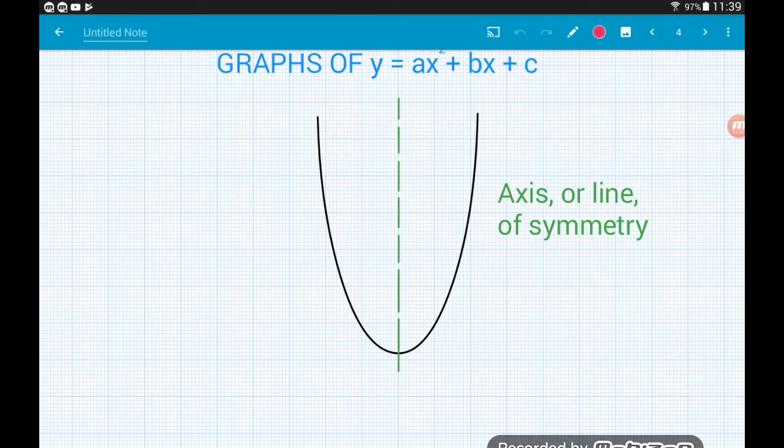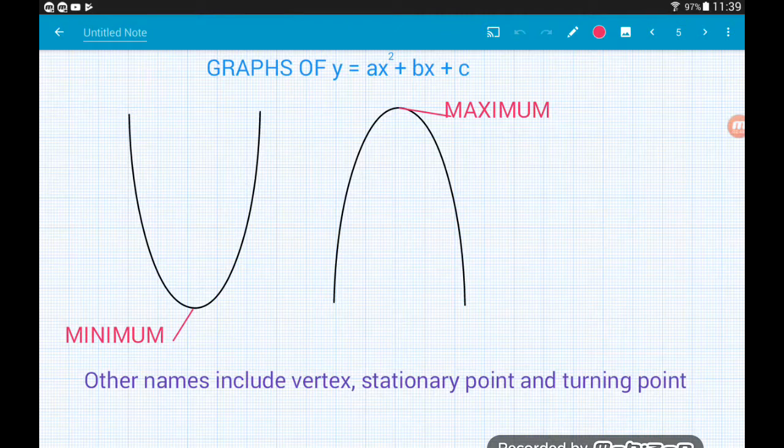Now the point on the curve that this line goes through is quite an important one. So on a happy quadratic, it's called a minimum. It's called a minimum because it's the smallest value that the graph takes. Or on an unhappy quadratic, it's called the maximum. It's called the maximum because it's the biggest value that the graph will achieve.